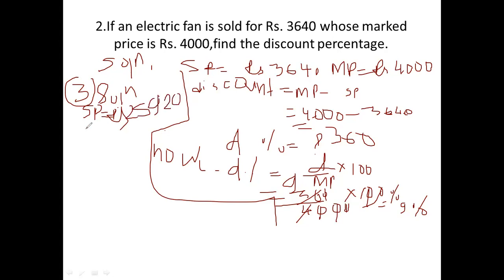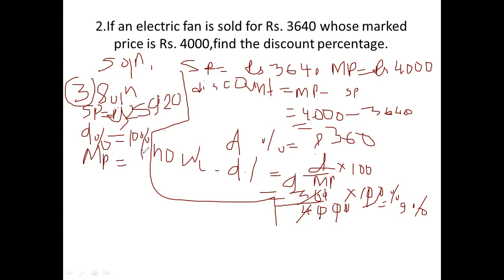And discount percent is given there. How much? Discount percent is 10%. Okay, children, 10% is the discount percent given. And it is asking to find MP, which is missing there.